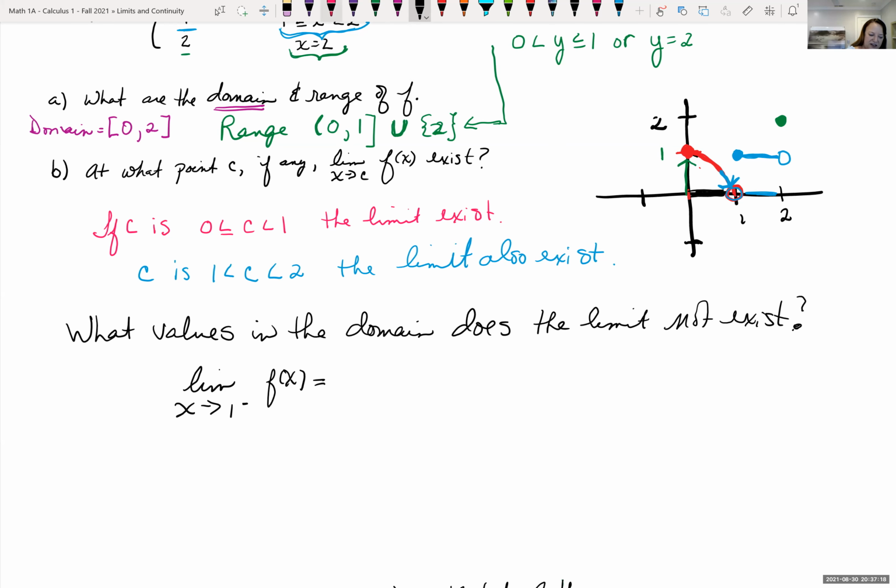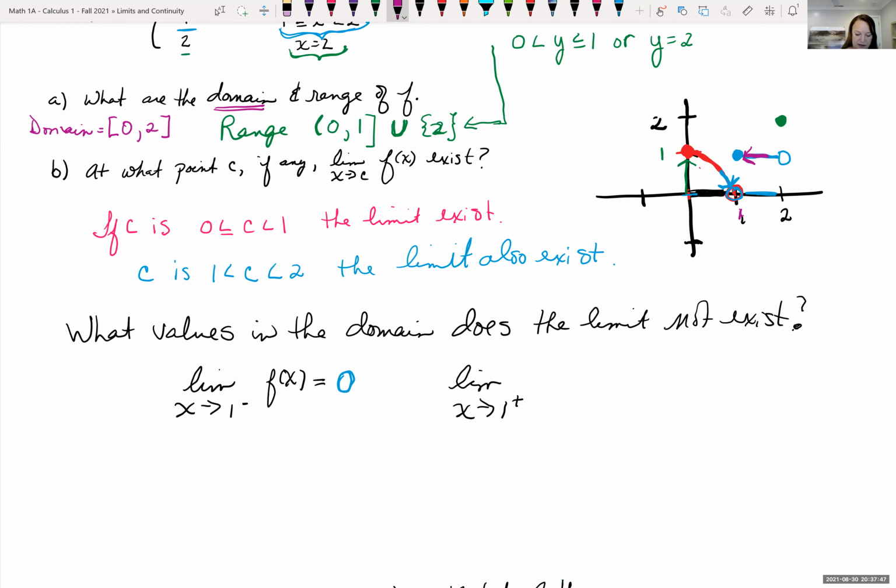Well, the y value that I'm approaching is 0. But if I look at the limit as x is approaching 1 on the right, so if I'm coming in on the right-hand side of 1, I'd be using this graph of y equals 1.